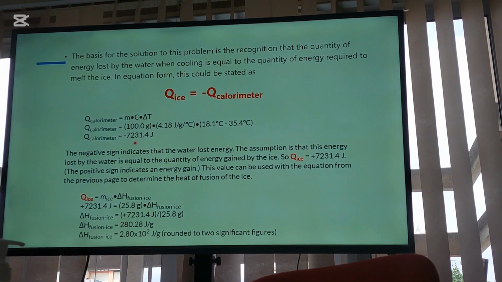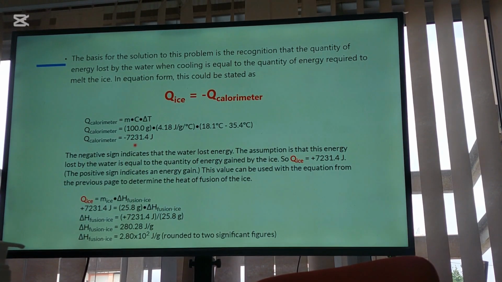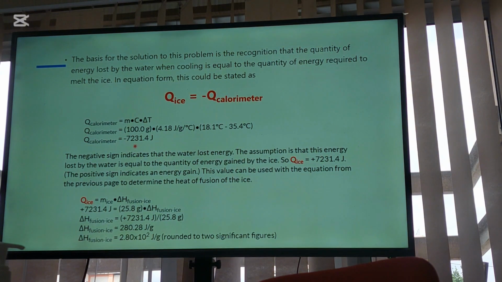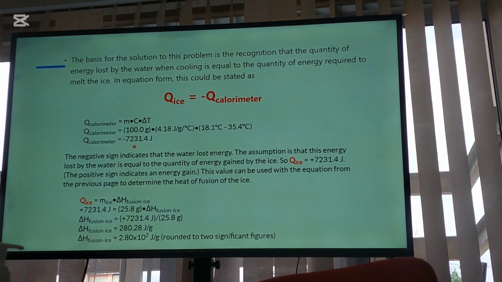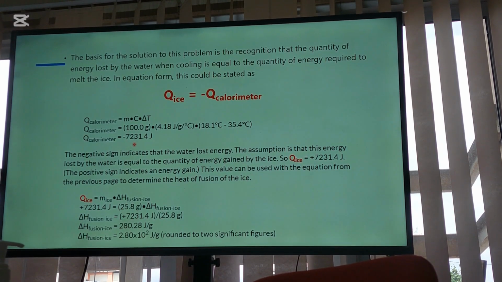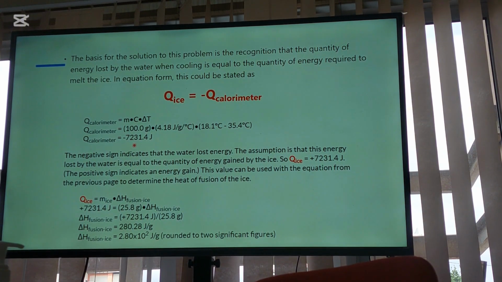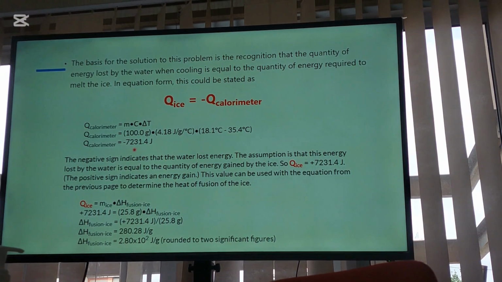41 should be right. The mass is the same, okay, 25.8, right?